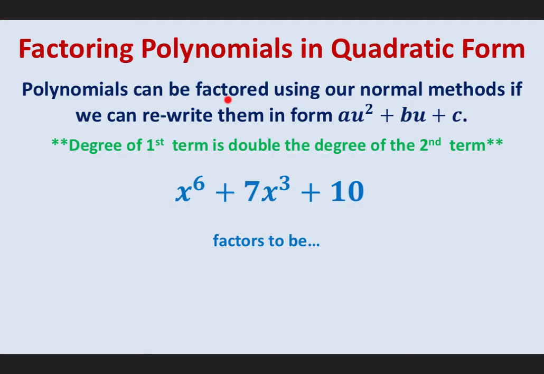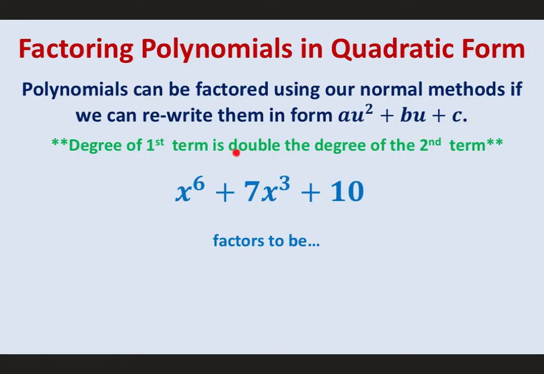So this says polynomials can be factored using our normal methods as long as we rewrite them in the form au squared plus bu plus c. Basically, as long as the degree of our first term is double the degree of our second term, we can factor it with just like a normal diamond problem, right?